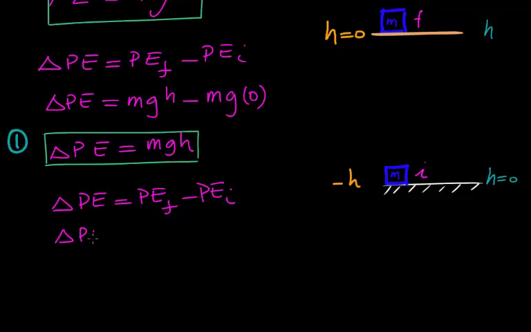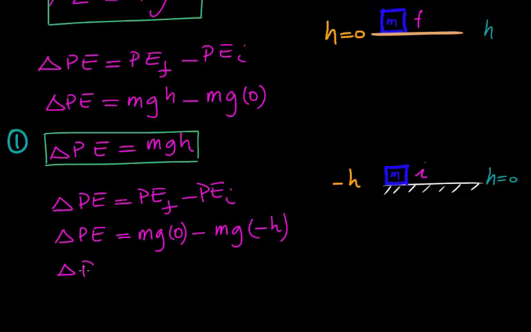Okay, the final is the top of the table, which is mg, what's the height there, is 0, isn't it? Minus PE initial is where the ground is. mg, what's the height when the block is on the ground, is negative h.